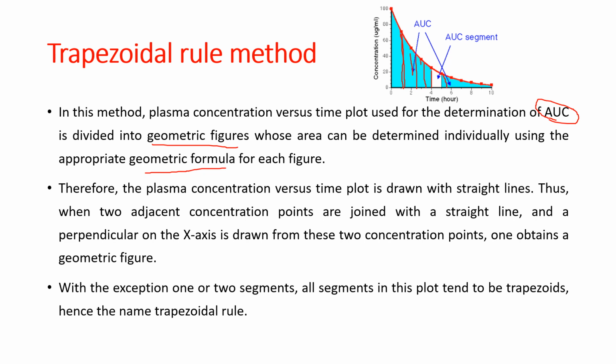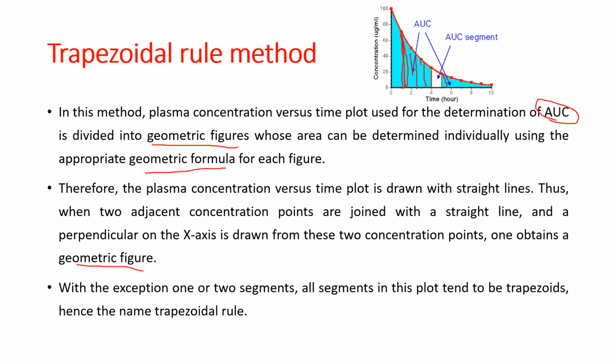The plasma concentration versus time plot is drawn with straight lines. You can see here I have drawn the straight line. When two adjacent points are joined with a straight line, a perpendicular to the x-axis is drawn from these two concentration points, and we obtain a geometric figure. By drawing the line from this point to this point, we have got one trapezoid, which we call a geometric figure.